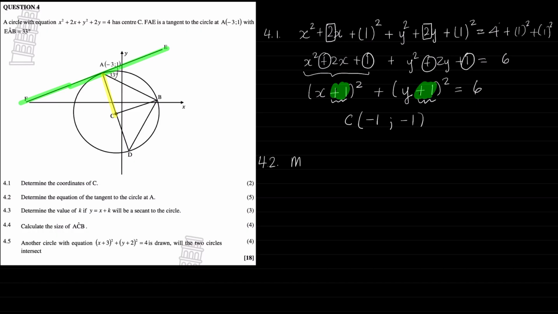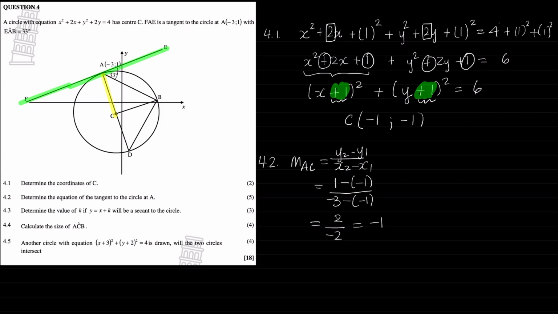So the gradient of AC, that's equal to y2 minus y1 divided by x2 minus x1. I'm going to say 1 minus minus 1 divided by minus 3 minus minus 1. That's equal to 2 over negative 2, and that's negative 1.